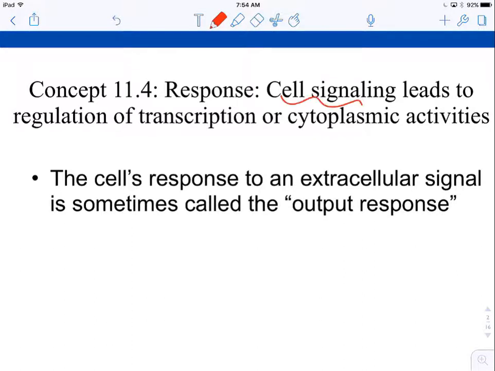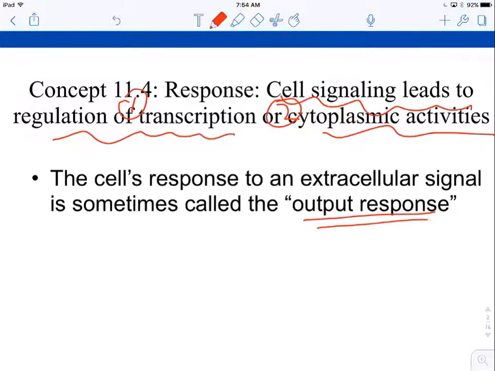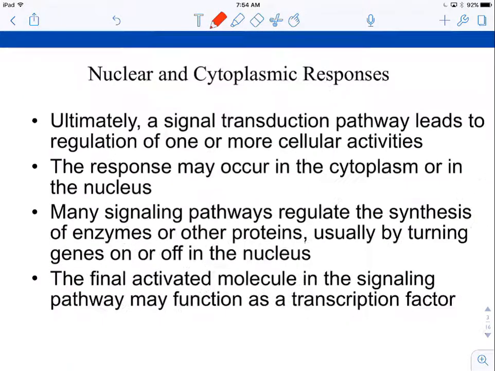So cell signaling leads to regulation of transcription or cytoplasmic activities. So kind of two main types of responses. And the cell's response is sometimes called the output response. Ultimately, the end game of a signal transduction pathway is regulation of one or more cellular activities.